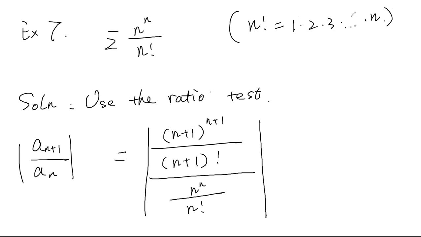So it's the product of the first n positive integers. So then (n plus 1) factorial is just equal to n factorial times (n plus 1), because this is the product of the first n integers, and this is the product of the first n plus 1 positive integers. So the difference between them is just the n plus 1.